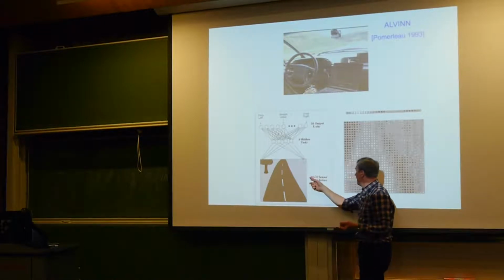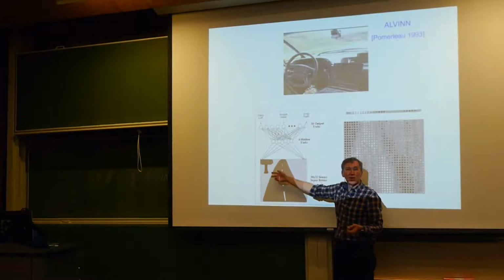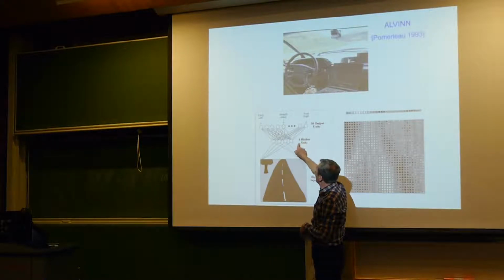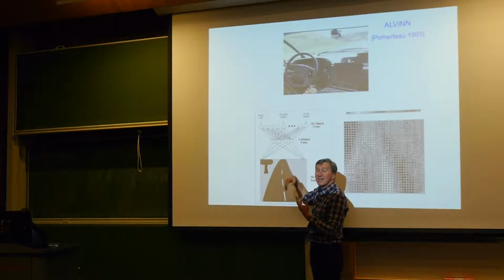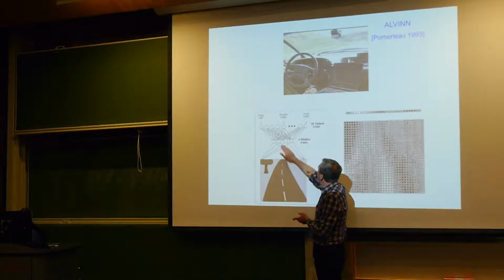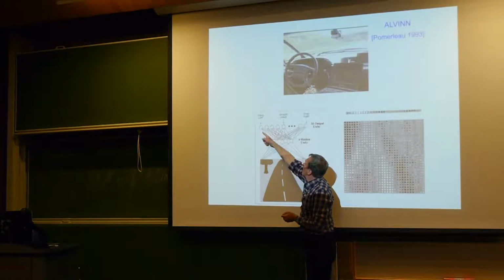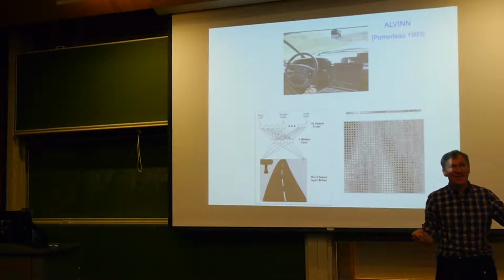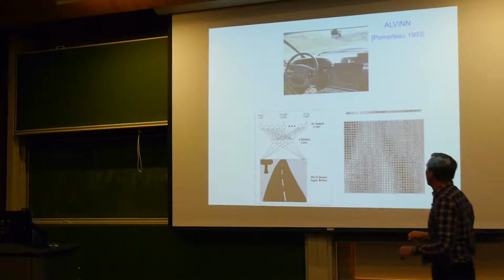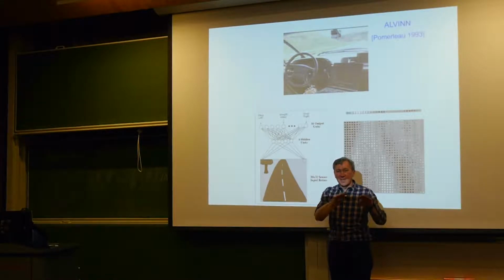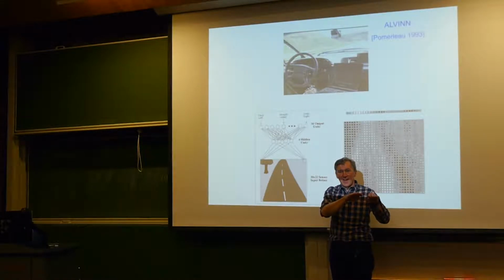So it had 30 times 32 inputs, and a small number of hidden units. People call these hidden because they're not observed values, they're calculated. Only 4 hidden units. And then he encoded as output the direction that the car should steer. And again, he has a vector output with 30 units, but the way he encoded it was with a kind of thermometer.